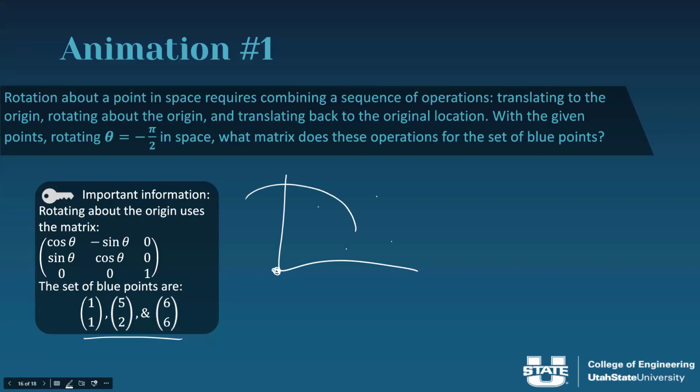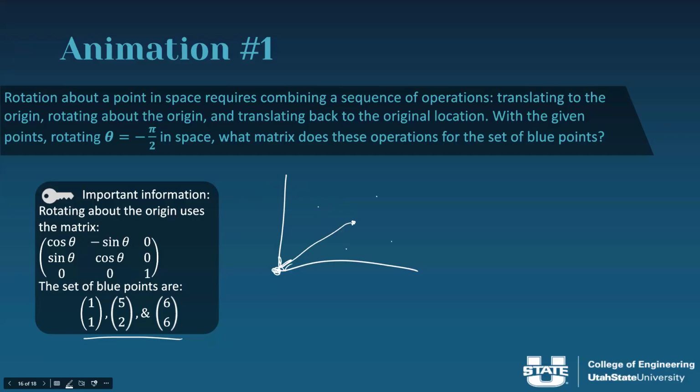It's going to rotate it this way, and that's not what we want. We want it to rotate along its own center, which is somewhere in here, right? So the first thing we need to do is move all of these individual points so that this center is now at the origin, so we can apply this rotation matrix, right?